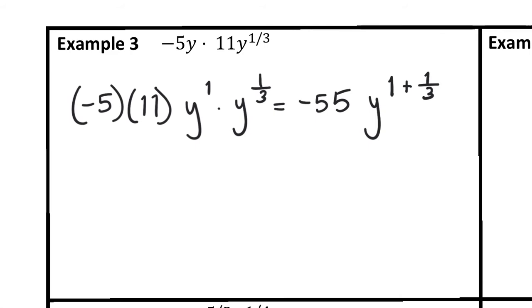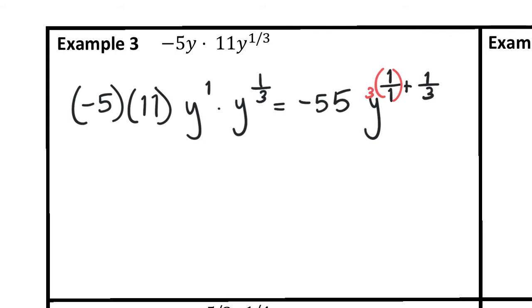Okay, and this 1 that I have here, it's the same thing as 1 over 1. So we got to make the denominators the same. I can change the denominator of this fraction to become a 3 by multiplying the 1 times the 3, but whatever I multiply the bottom by, I have to multiply the top by 3.